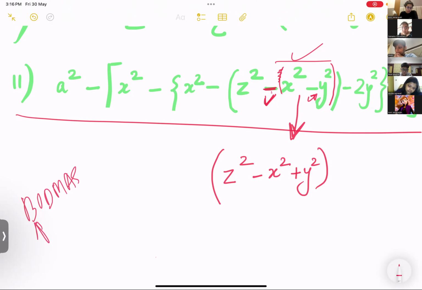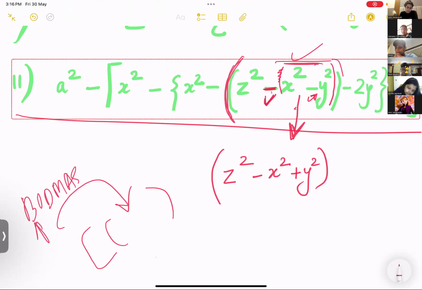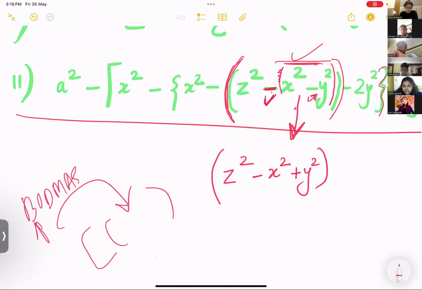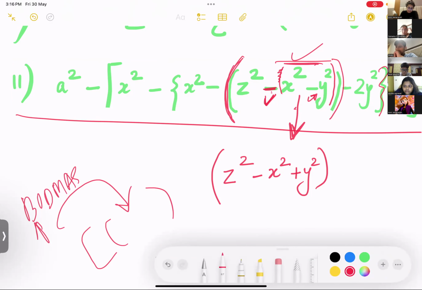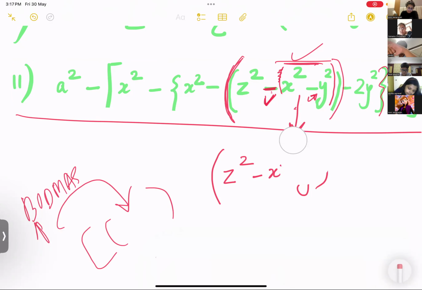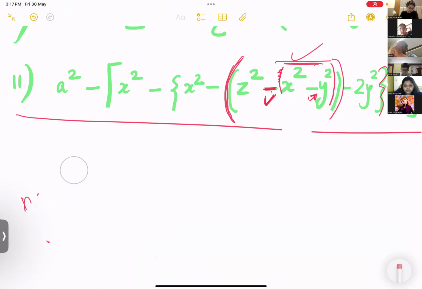But inside the bracket also, there are a lot of brackets. So we go right in the center. This is the bracket which we have to open first. Then this bracket is going to come, then the curly bracket and then the square bracket. So let me just erase everything.